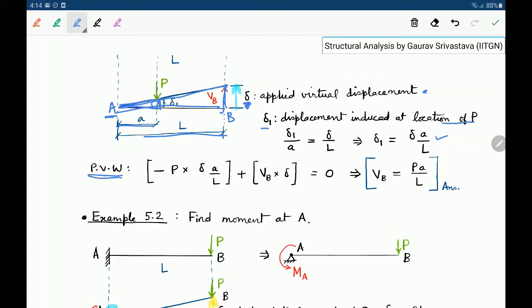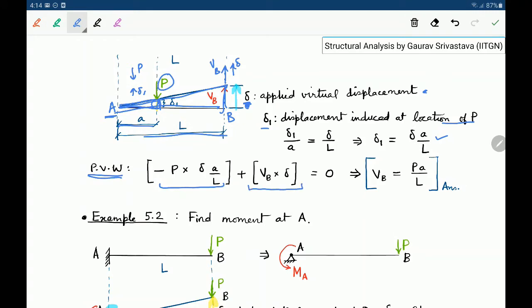For the force P, the displacement is happening in the opposite direction of its application. Delta 1 is happening upwards, whereas force P is acting downwards. So that dot product will be minus P times delta 1, so P times delta a by L, plus at the location of B, the force is in the upward direction and the delta is also in the upward direction. Hence the virtual work done by VB is VB times delta.